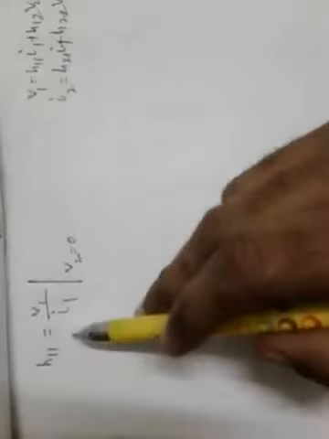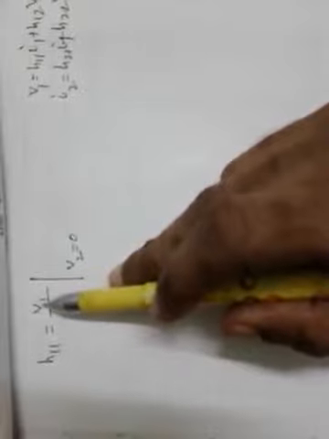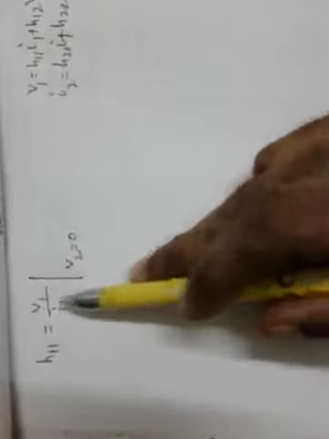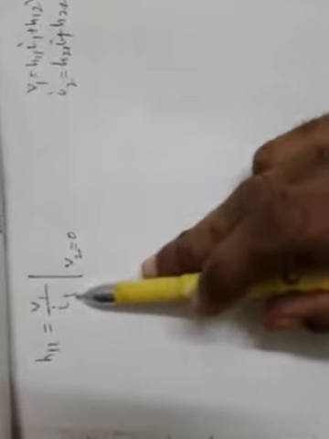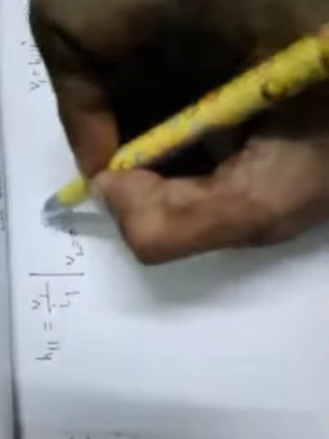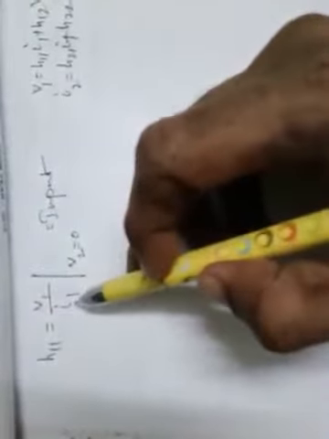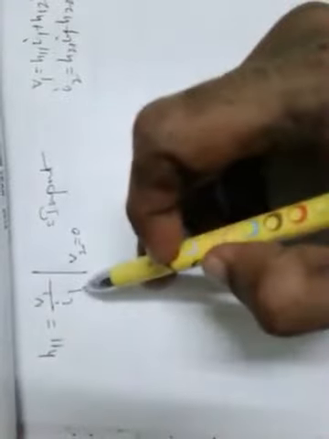So what is then H11? V by I means it is impedance, and V1 is the input port voltage and I1 is the input port current. That means it is the input impedance, because it is the ratio of V and I at the input port voltage and input port current.